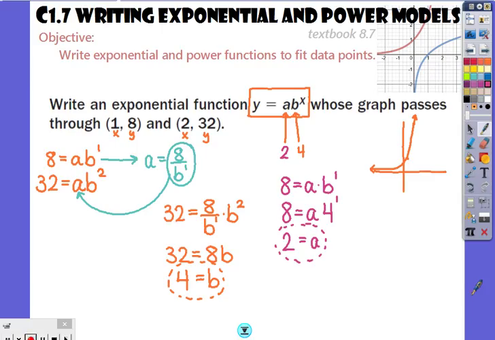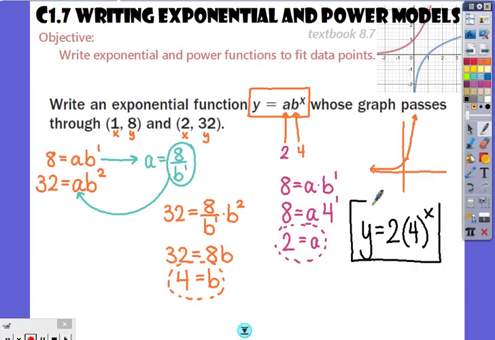A is 2. Now your final answer is just going to be this equation with the a and the b plugged right on in. And if you're nervous, you can always go back and plug in a 1, make sure you get an 8. Plug in a 2, make sure you get a 32.